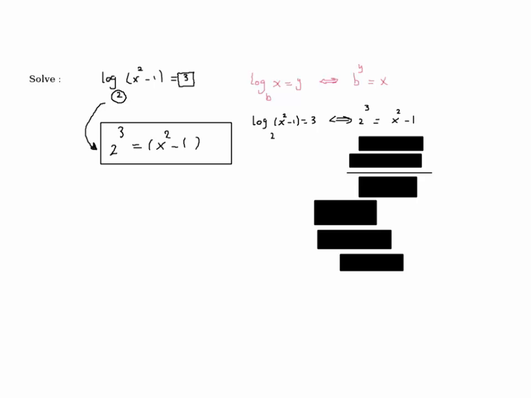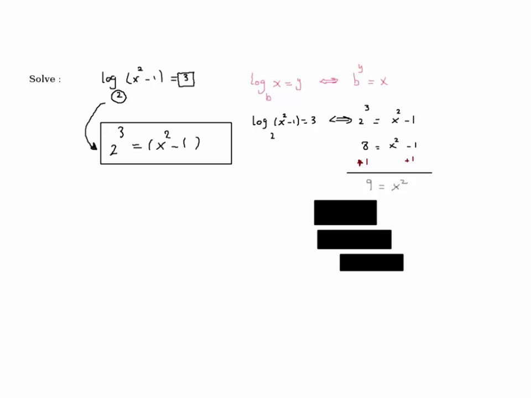What is 2 to the power of 3? 8, right? So 8 is equal to x squared minus 1. Then the next step here is to add 1 to both sides of the equation. So you get 9 is equal to x squared.